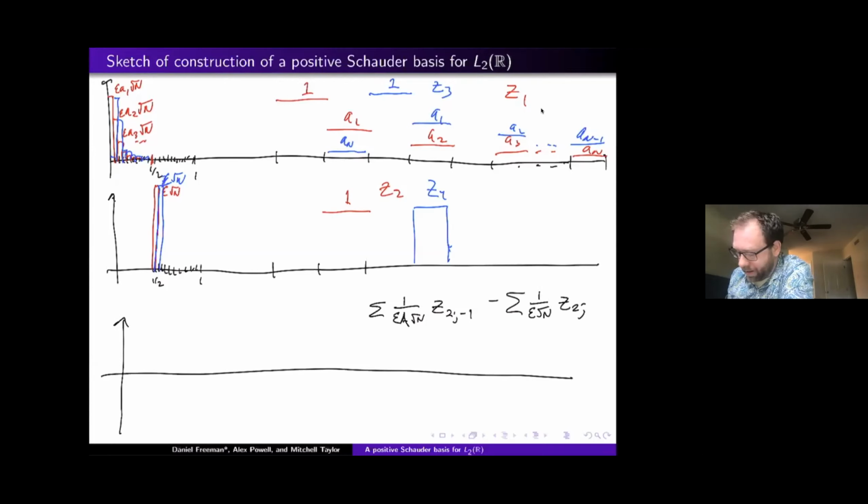Then when we do that, what we're going to end up with is the first Haar vector, and this stuff here is going to be really, really small. And so we're able to approximately reconstruct the first Haar vector in such a way that all the vectors that we built are almost orthogonal to the indicator function from 0 to 1. So that is the idea for the construction.